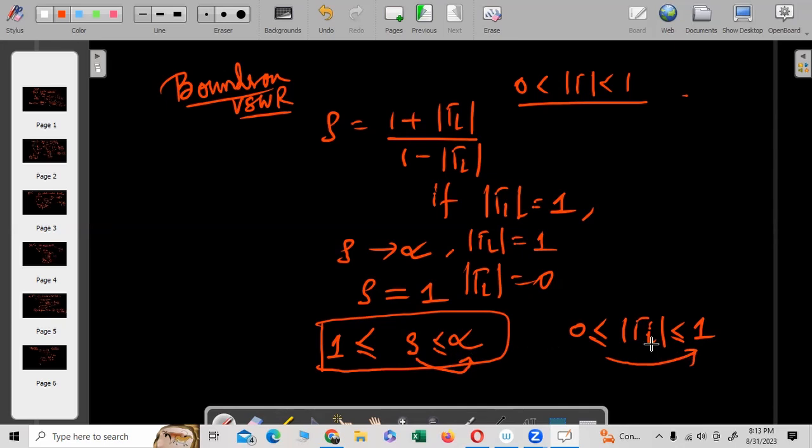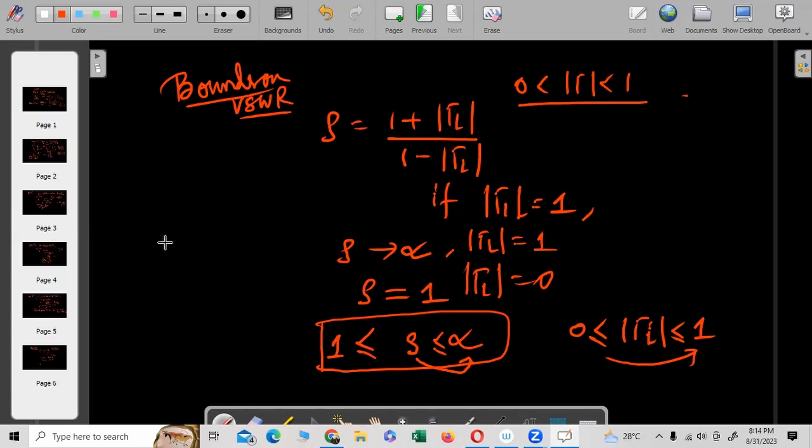So our approach will be to reduce the VSWR as low as possible, because already I told in the last class, reflection is not good. 100% reflection means there is a mismatch in the transmission line. So we need to search for the lowest value of VSWR as much as possible.